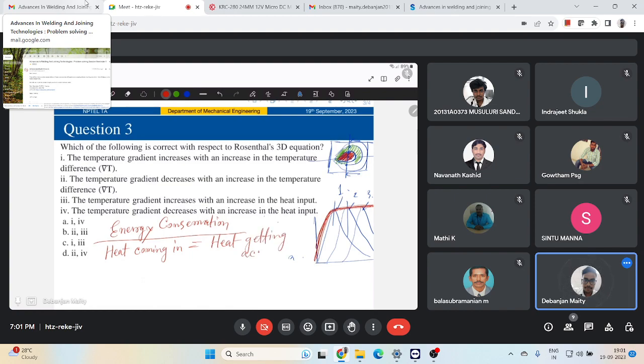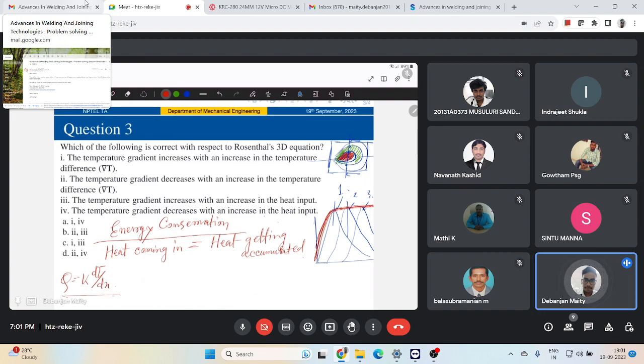What does that mean? Are you familiar with Fourier's law of heat conduction? I hope everyone is familiar with this. So Q is equal to minus K dT/dx. You're familiar with this equation.